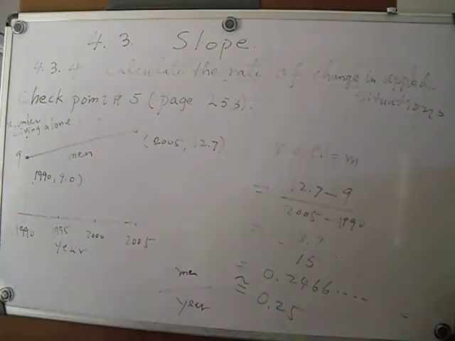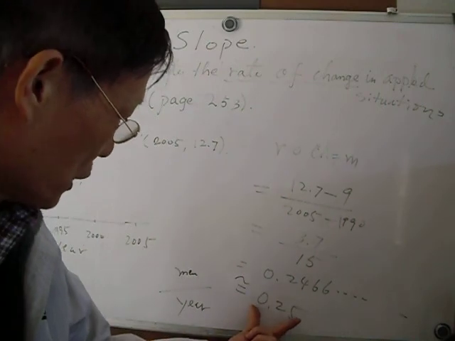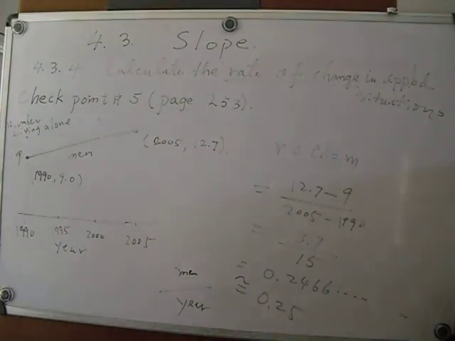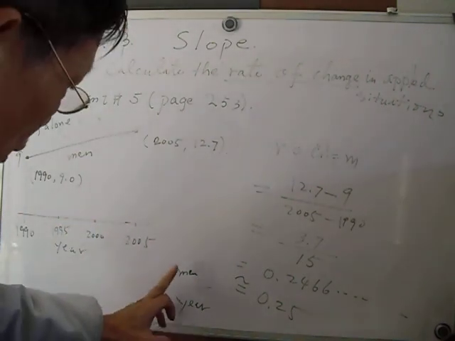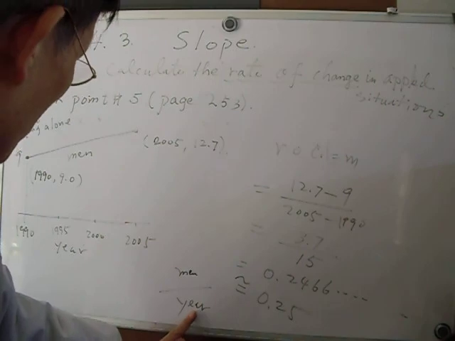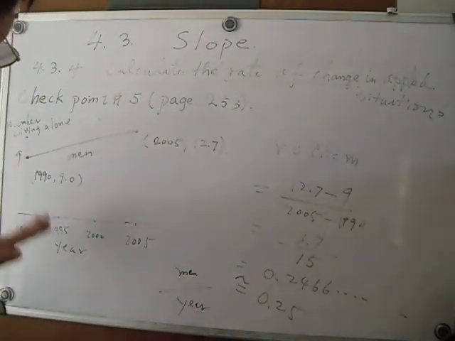How are you going to say it? You're going to say the number of men living alone increases at a rate, because this is positive, increases at a rate of 0.25 million per year. Men living alone increase by 0.25 million per year because the slope is positive, like this.